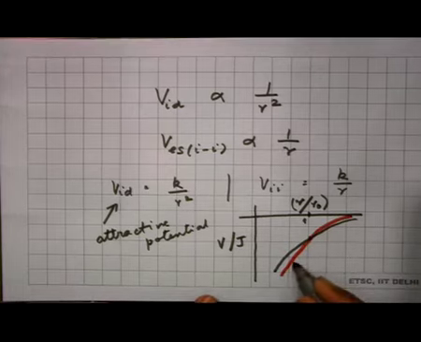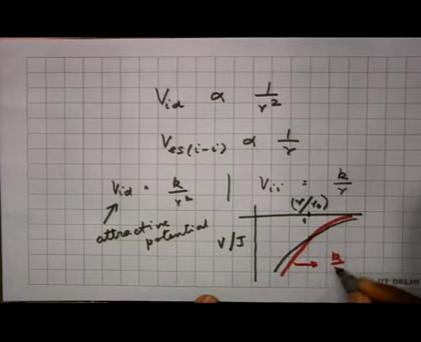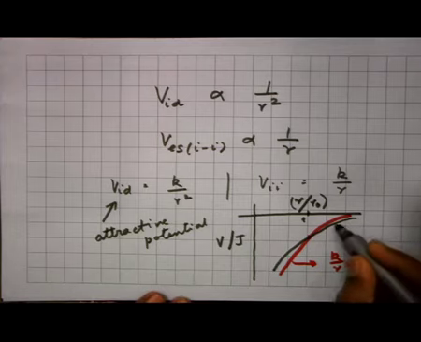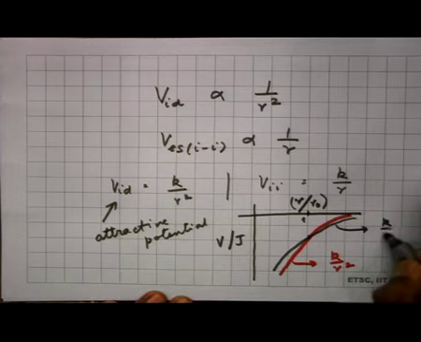So, this is the 1 over r square or k over r square term, the thing in red, and the one in black is k over r term.